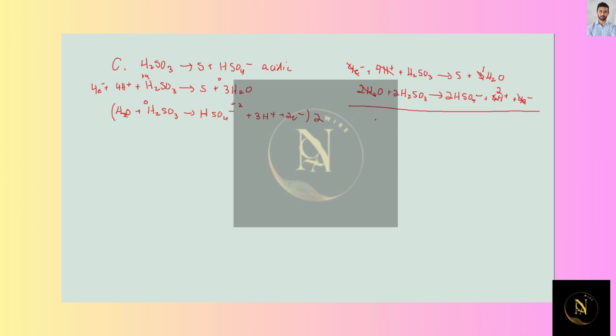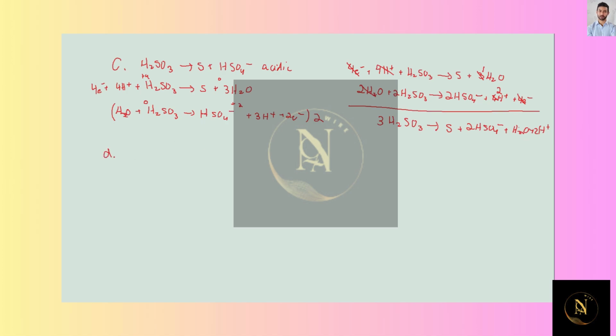I have 2 plus 1, so that's 3 H2SO3s are going to yield the S plus 2 HSO4 minuses plus the water, and I still have 2 H pluses there. Oops, 2 H pluses.